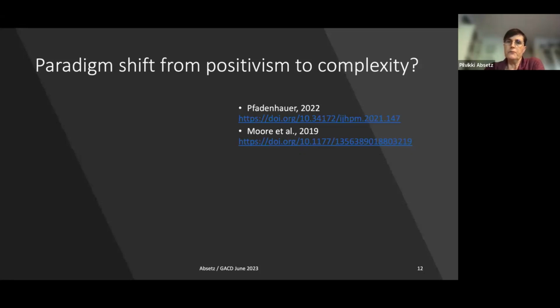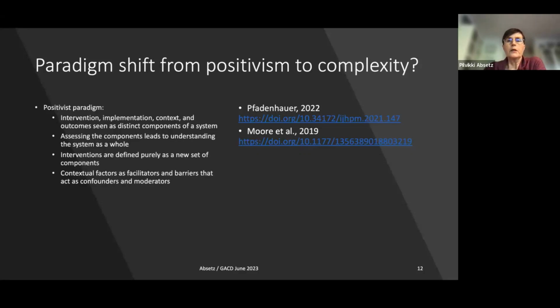These researchers, Fadenhauer and Moore and colleagues, claim that implementation science comes from a positivist paradigm. There, the intervention, implementation, context and outcomes are seen as distinct components of a system. Assessing these components leads to understanding the system as a whole, and interventions are defined purely as a new set of components.